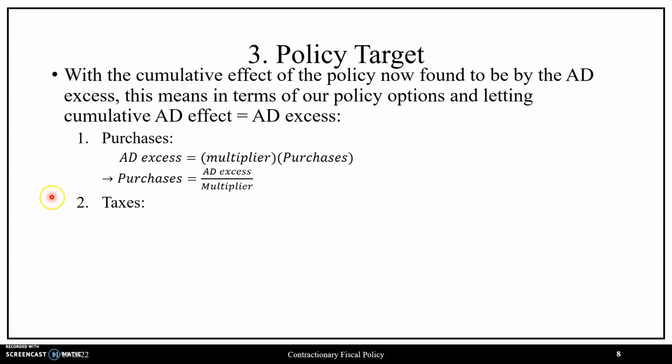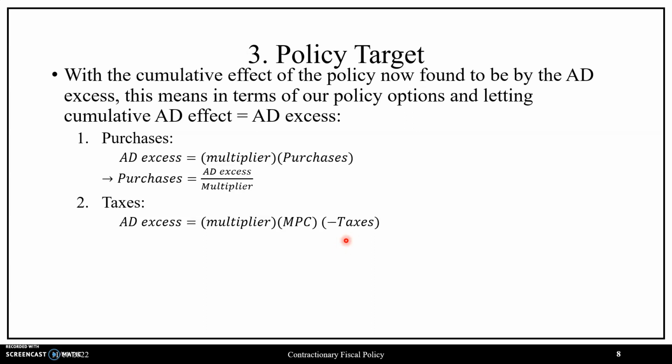Repeating this exercise with respect to taxes, we've seen that the cumulative effect of a tax change would be the AD excess, letting that equal the cumulative effect in aggregate demand, which is equal to the multiplier scaled by the marginal propensity to consume, scaled by negative taxes, given that taxes are negatively related to aggregate demand.